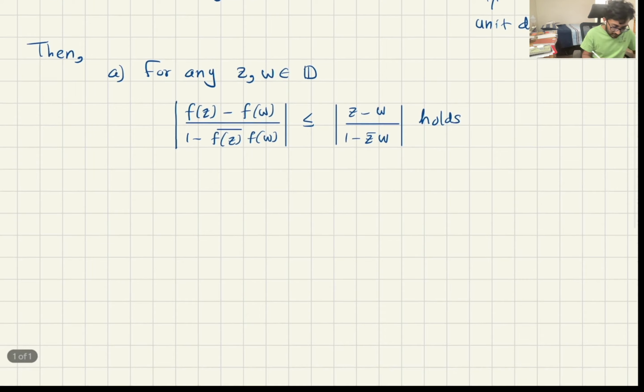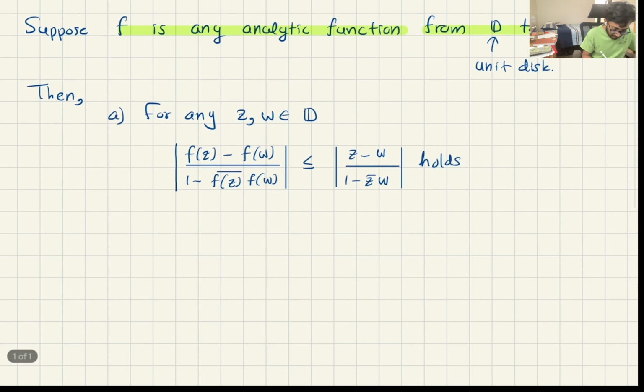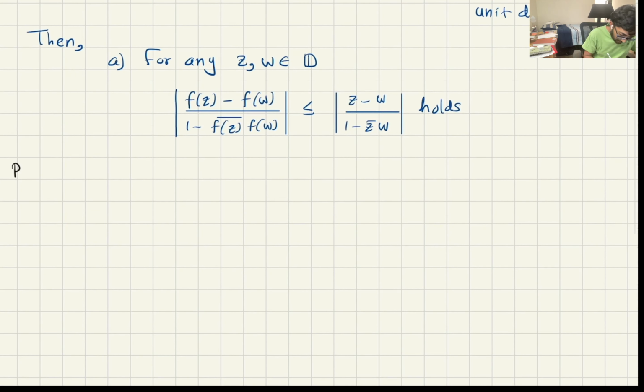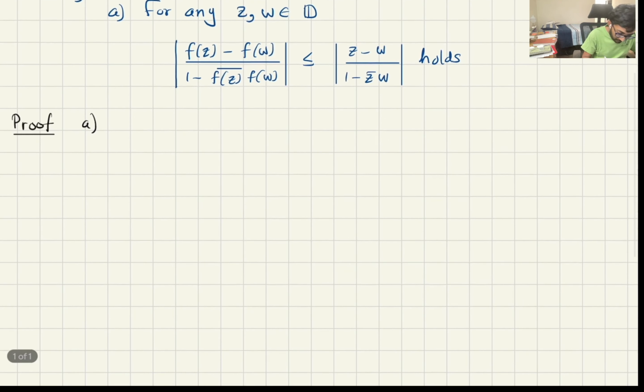Let's try to prove this lemma, the proof of the first part of the Schwarz-Pick lemma. We have to draw some diagrams when we are proving this lemma. I have the unit disk.